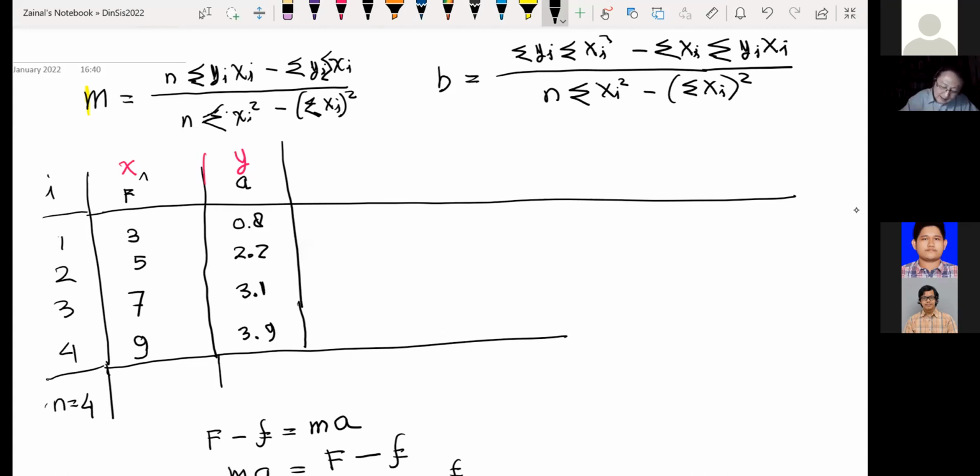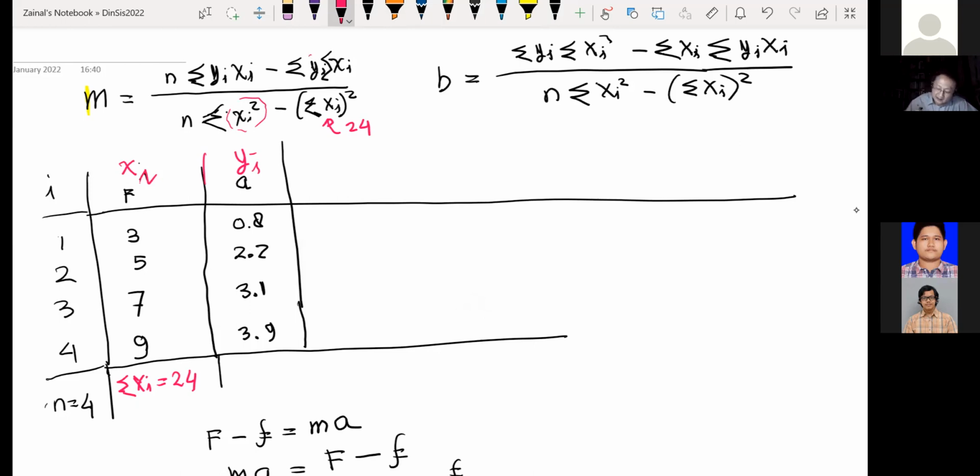This one is I, and this one is yi, right? We have to calculate xi multiplied by yi, sigma xi. So sigma xi is this one, which is the same with, what is it? 10 plus 14, 24. So this one is 24. Okay, we need this sum.